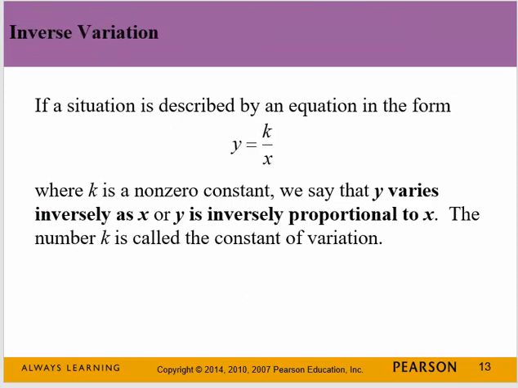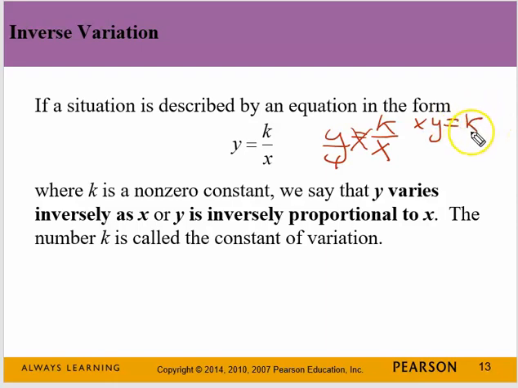Now, for inverse variation, that basic formula is what you see here. Y equals k over x. And another way this is sometimes represented, it's a fraction equals a fraction. We can just cross multiply, and it gives us then xy equals k.